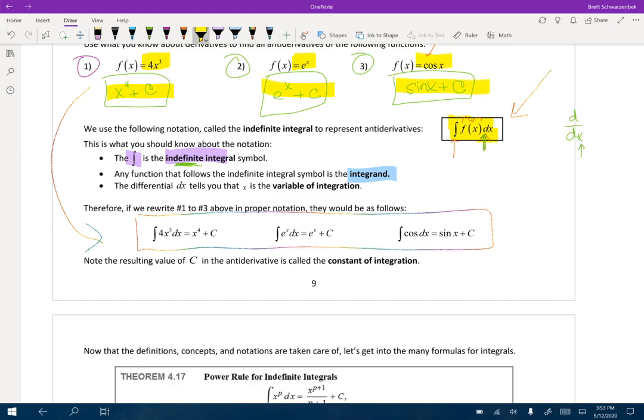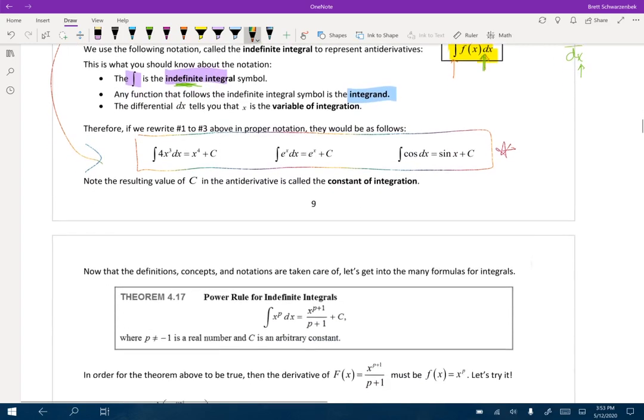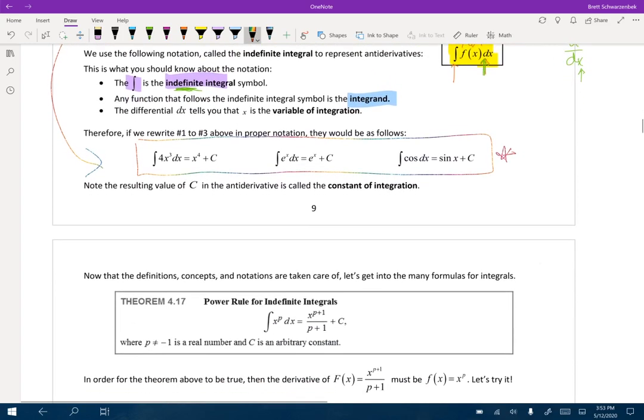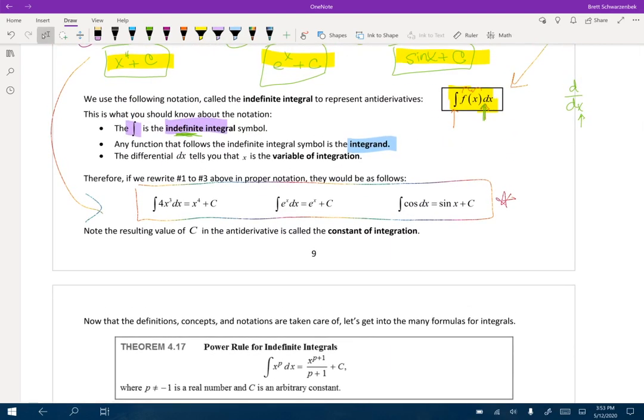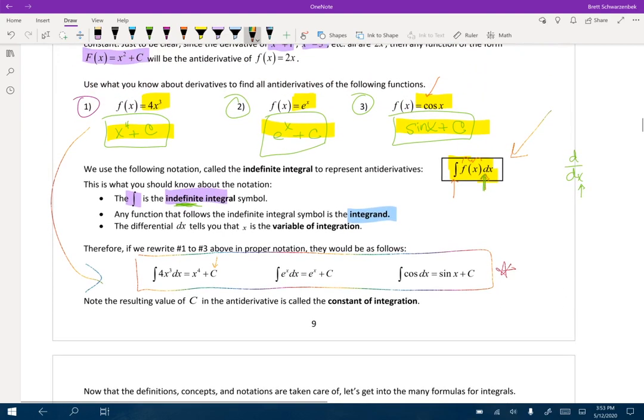So this is the absolute basic way that we would write an integration equation. Obviously we're going to get into that a lot more as we go, but that's the idea. And just remember, this big C is going to be present in every single antiderivative problem where we have an indefinite integral.